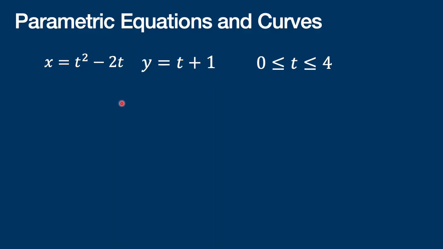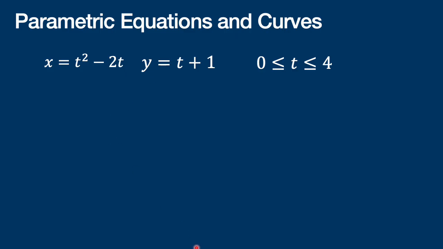Let's have a first example of a parametric equation and sketch the curve. Look at x depending on t, y depending on t, where t starts at 0 and ends at 4. Let's think of t as time. At t equals 0, x represents a position, y represents a position.